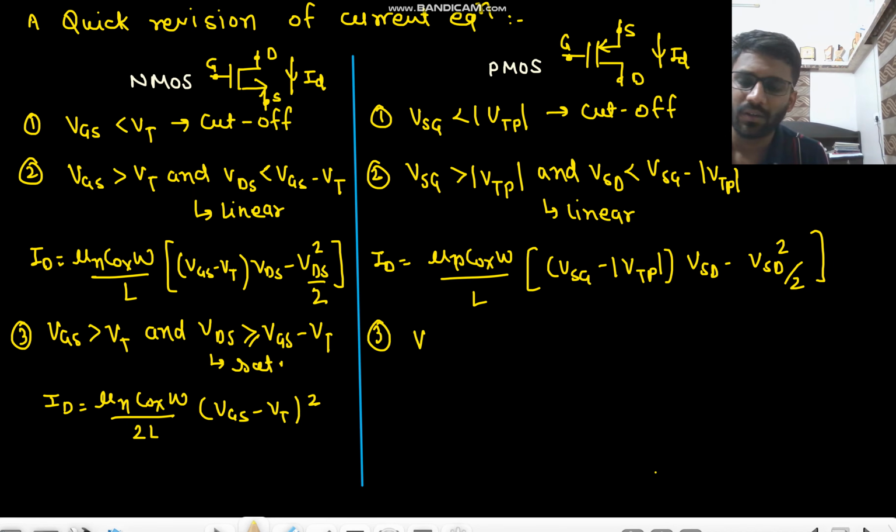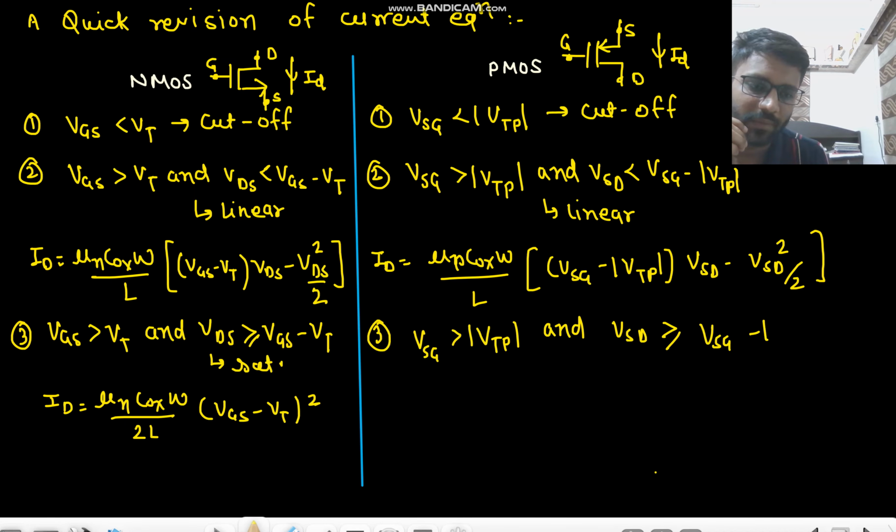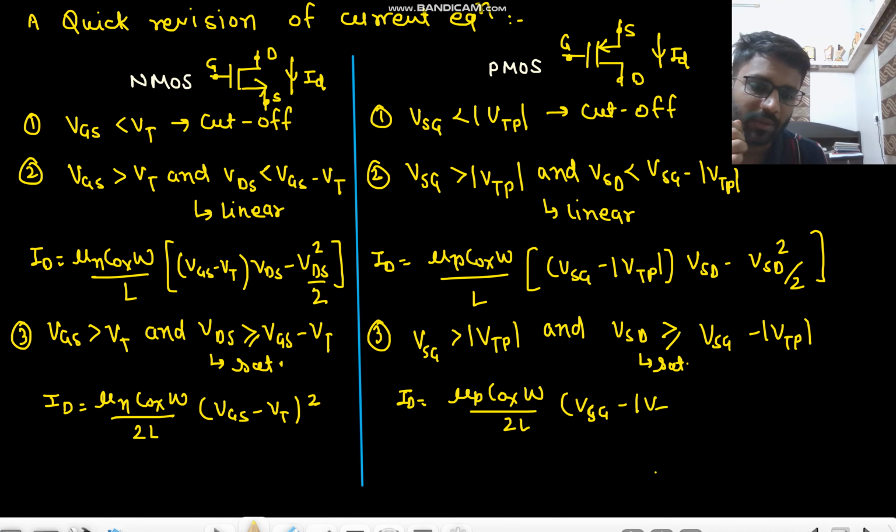For PMOS it would be VSG: if VSG is greater than mod of VTP and VSD is greater than or equal to VSG minus mod of VTP, then it will be in saturation region. Then your ID would be mu P COX W by 2L into (VSG minus mod of VTP) whole square.